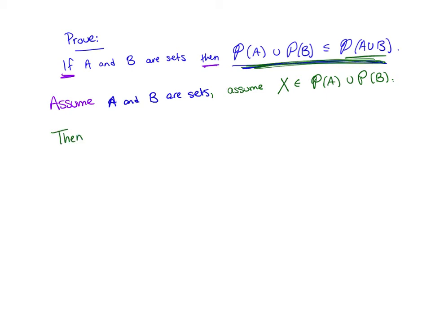That means that X is either an element of the power set of A, or X is an element of the power set of B, because we have that union.